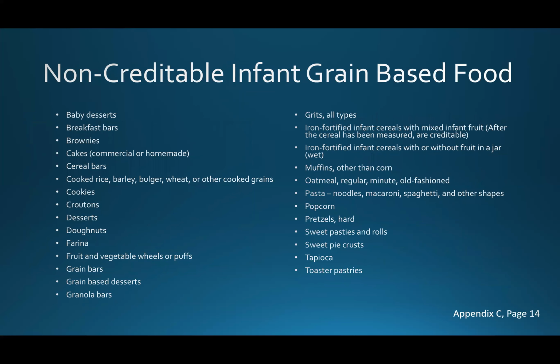Non-creditable grain-based foods for infants include baby desserts, breakfast bars, brownies, cakes that are commercial or homemade, cereal bars, cooked rice, barley, bulgur, wheat, and other cooked grains, cookies, croutons, desserts, donuts, farina, fruit or vegetable wheels or puffs, grain bars, grain-based desserts, granola bars, grits, all types, iron-fortified infant cereal with dry fruit or formula.